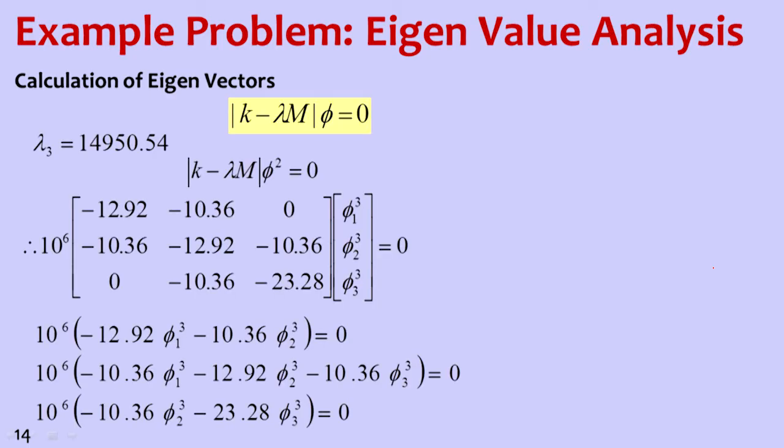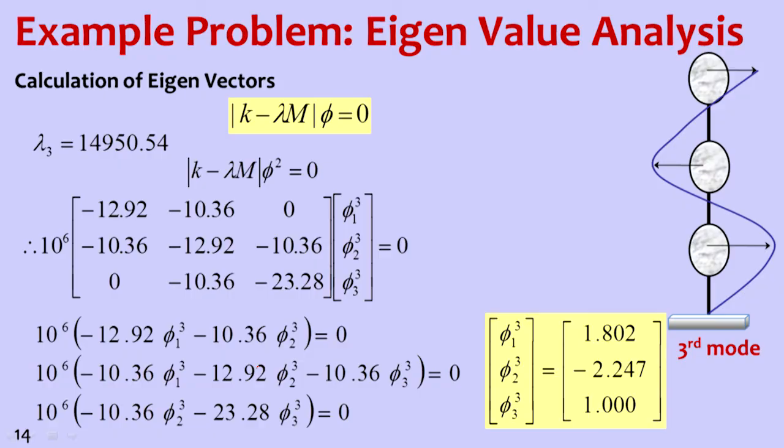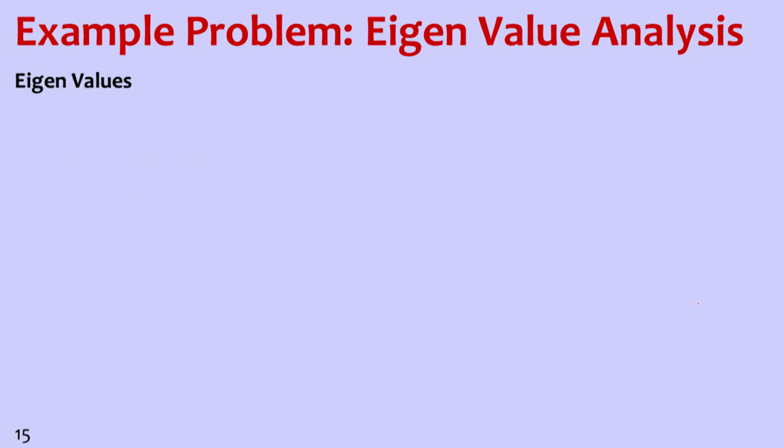When you substitute eigenvalue 3 in this equation and get the eigenvector values, phi 1, phi 2, phi 3 of mode 3, we get it like this. You can see this one crosses the axis at one point, a second point, and this is the beginning. So 3 places.